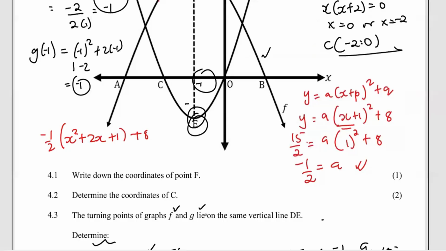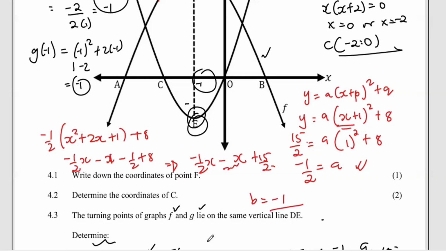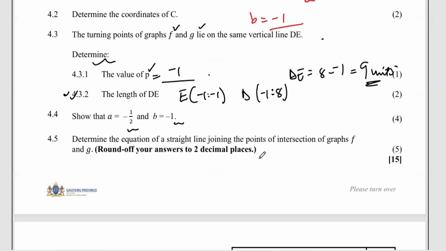Opening this up further, it's negative 1/2 of x² minus x, and negative 1/2 plus 8 is 16 minus 1, which is 15, over 2. So we have negative 1/2 x² minus x plus 15 over 2. So we can see that b is automatically negative 1. That is how we would have approached that question.